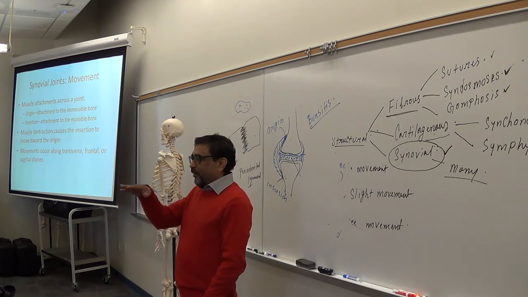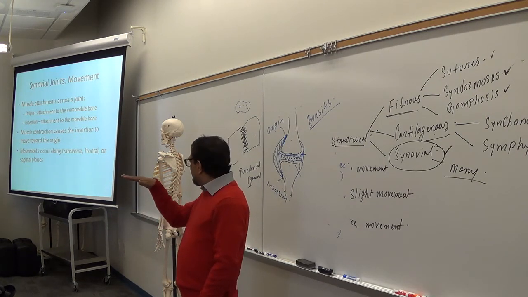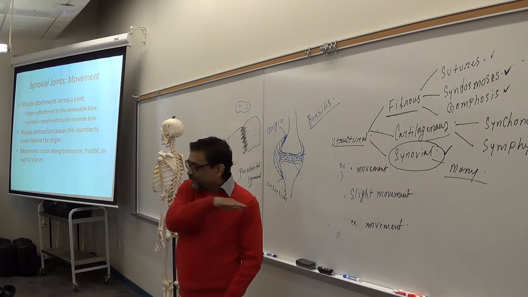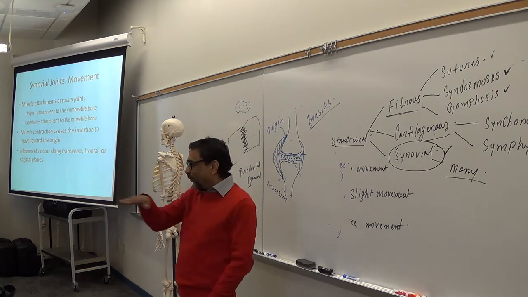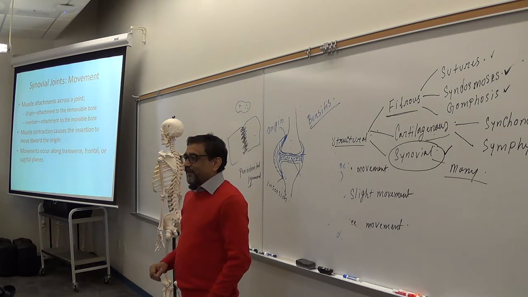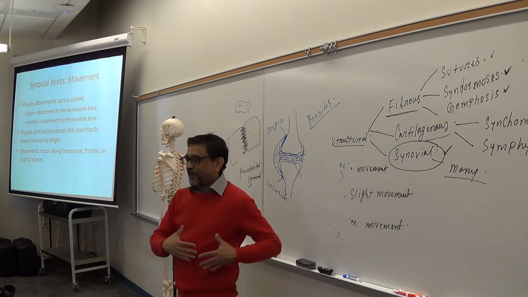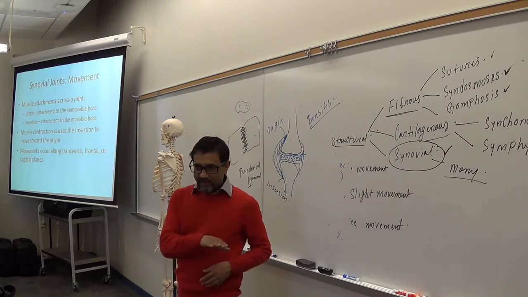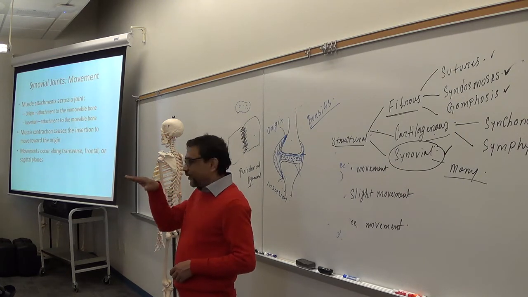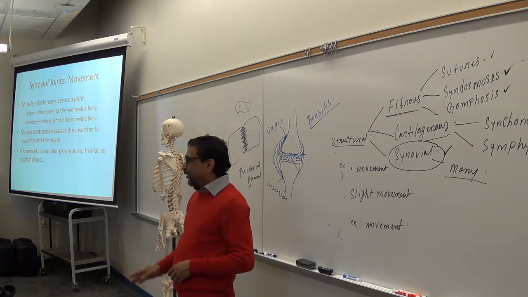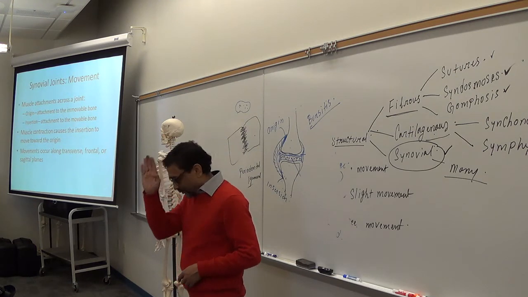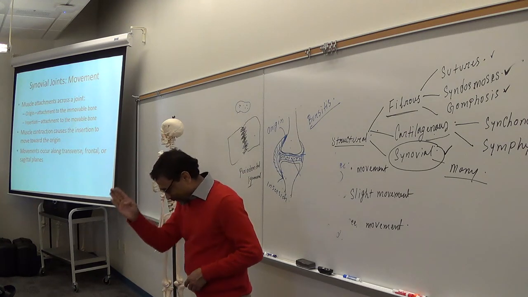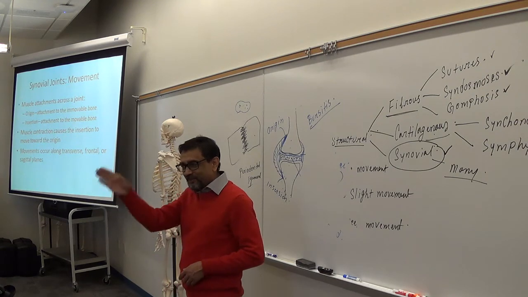So, look at me. I'm moving my head this way, right? So this is what? Transverse plane movement. Make sense? I am moving the upper part of my body like this. So this is transverse. Now, look at me. This is what? Sagittal. Make sense? This way.